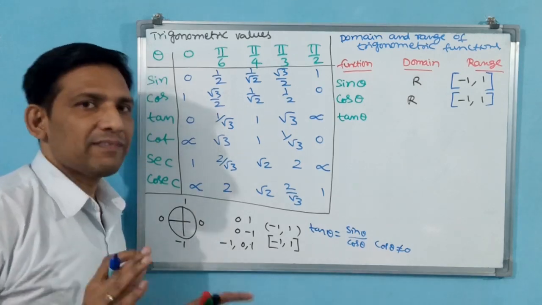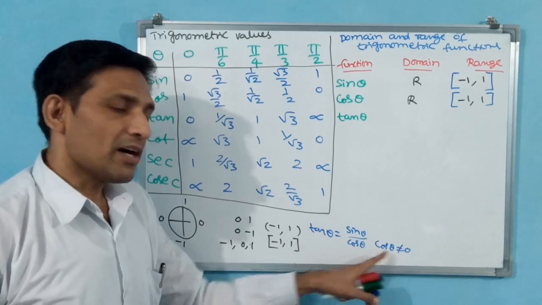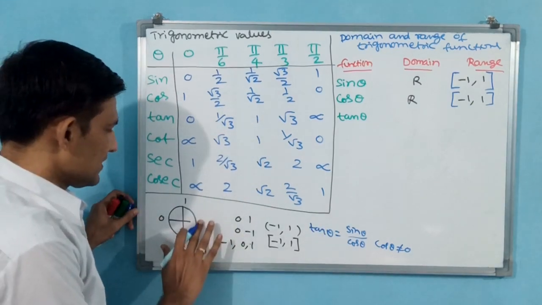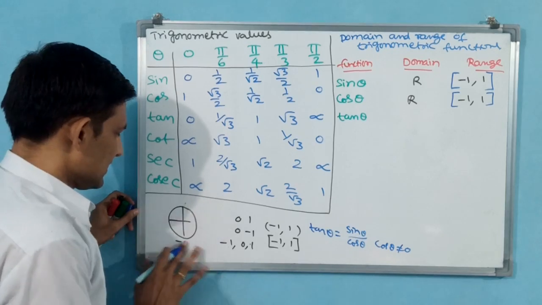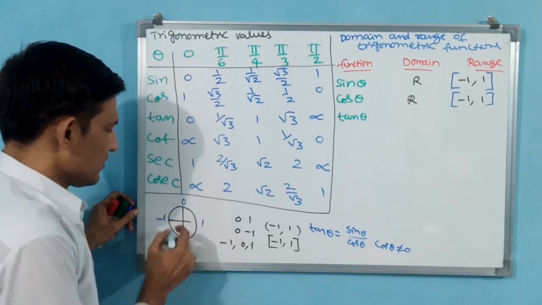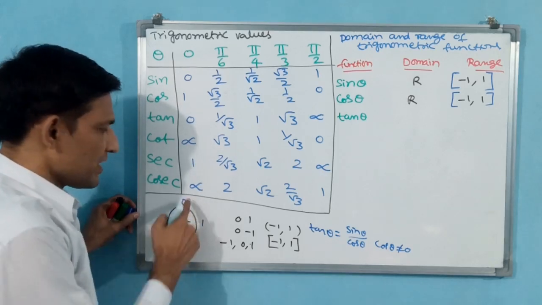We have to define the function, not an undefined function. Then cos theta should not become 0. Where is cos theta becoming 0? 1, 0, minus 1, 0. This is for cos theta.